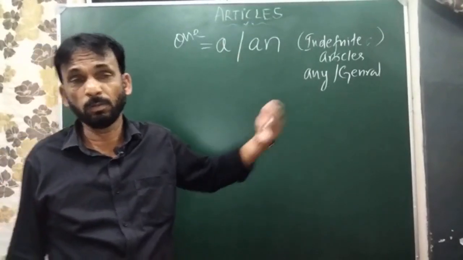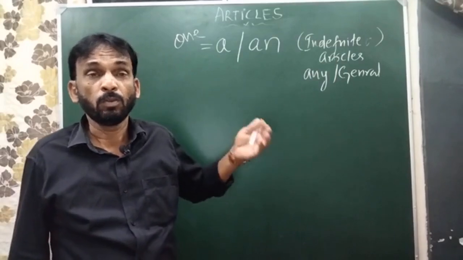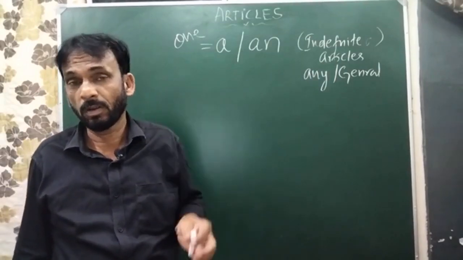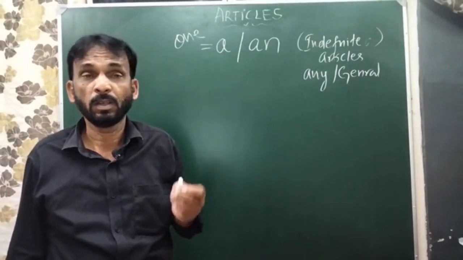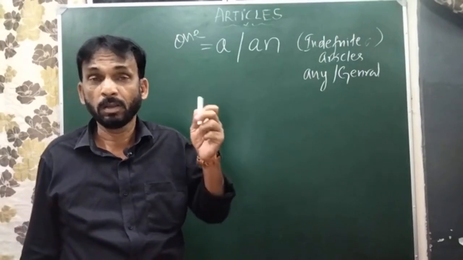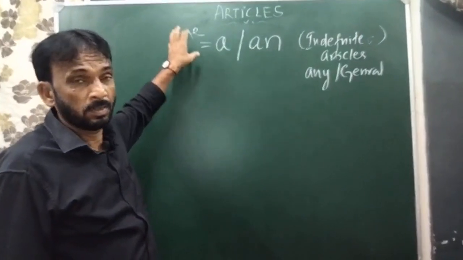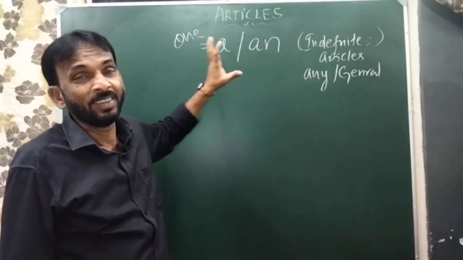We can count one bird, two birds, like that. So we use a and an only for countable nouns, and it should be singular. That is the key, it is very important, and you should lock it in your memory. Their understood meaning is one.